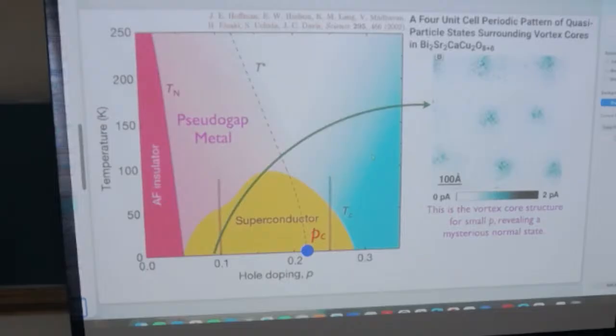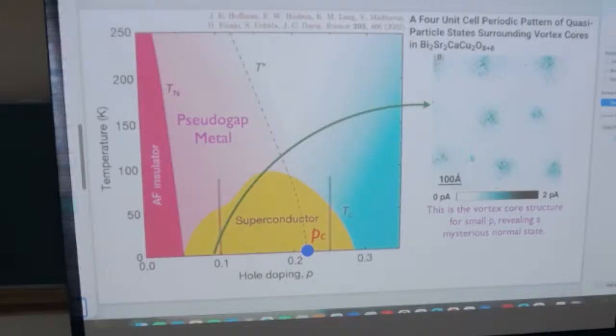Experiments show that. If you go to low temperatures and look at the vortex core over here, you see this famous checkerboard structure, which appears at finite energy, and a suppression of tunneling current at low energy inside the core of the vortex.